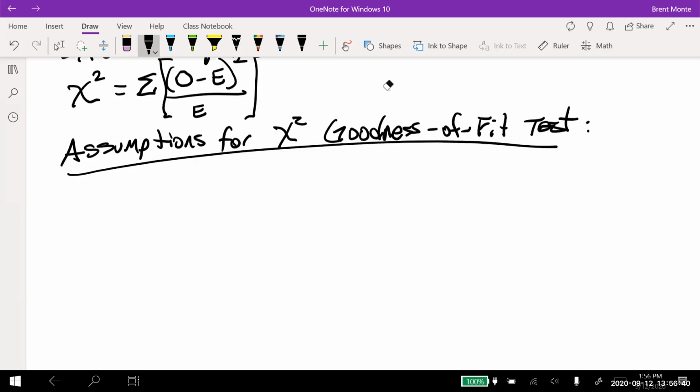All right, here they are. 1, this probably won't surprise you. It has to be a simple random sample. All of the hypothesis tests we've had up to now have been simple random samples.